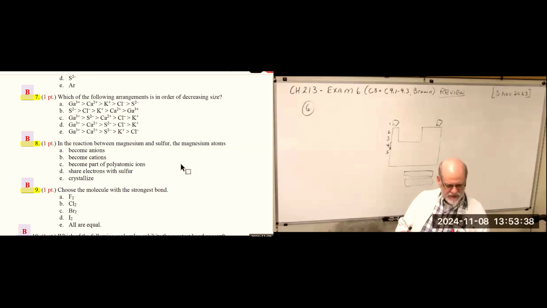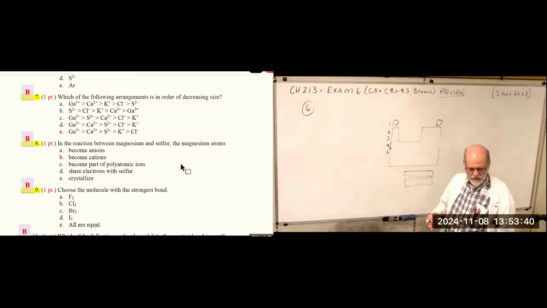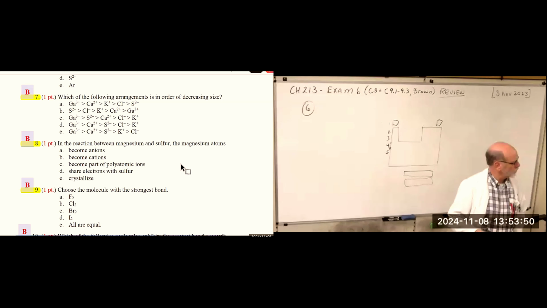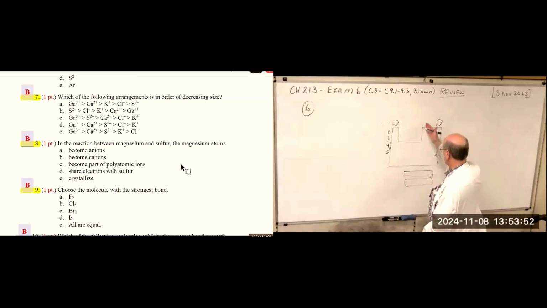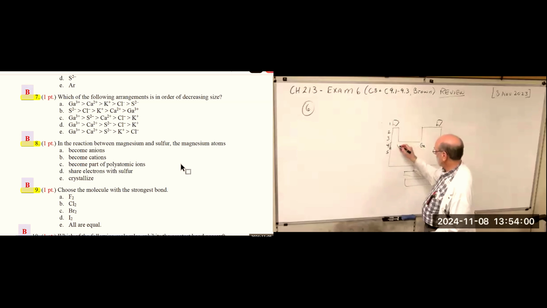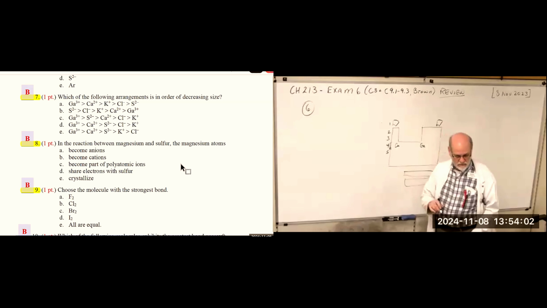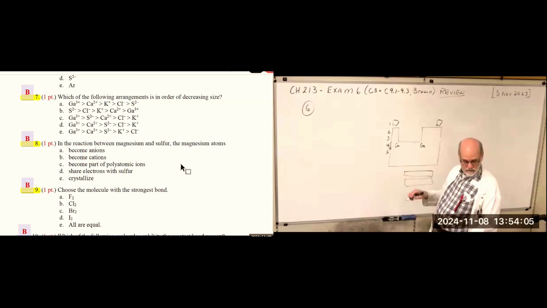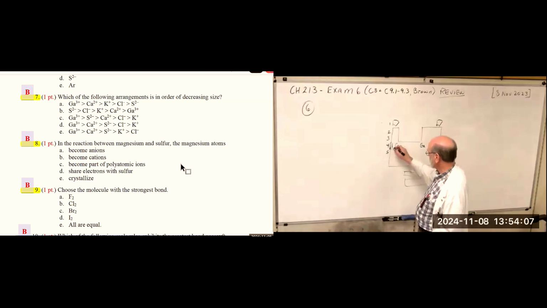So we have gallium 3+, which is in the 4th period below boron. Right here, this is gallium. And calcium is over here. We have potassium there too. Yes, potassium's right next door.